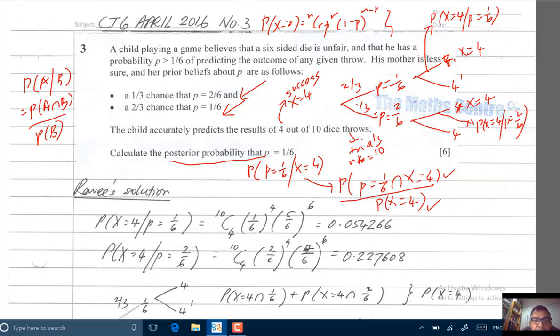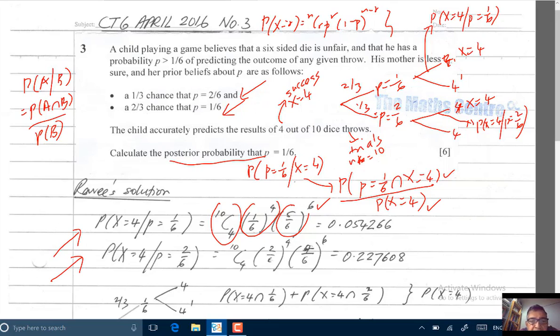Probability x equals 4 given that P is 1/6. Using the binomial formula, I'll have 10C4, 1/6 raised to the power of 4, and 1 minus P will be 5/6 raised to the power of 6. Use the calculator and you will get 0.054266.